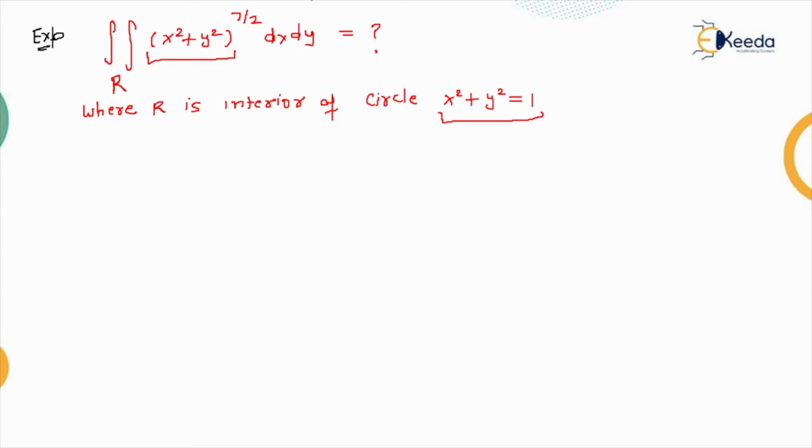First we observe that this is the equation of a circle, so it means I have to change the Cartesian coordinates to circular coordinates. And I explained what you have to substitute to change Cartesian coordinates to circular.